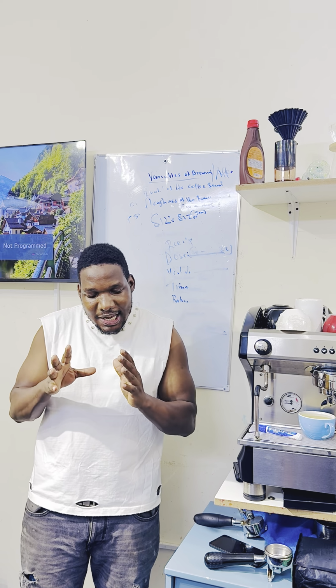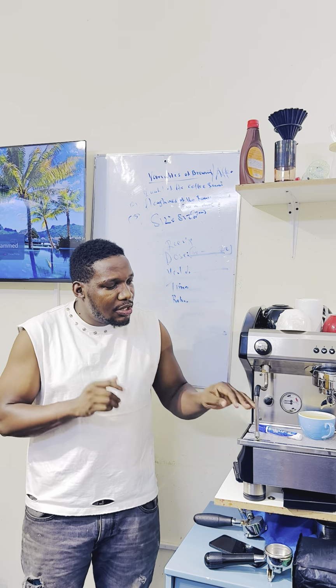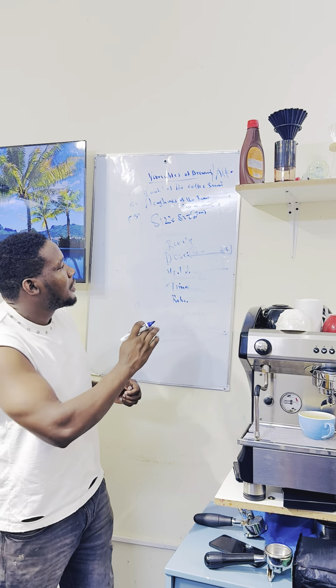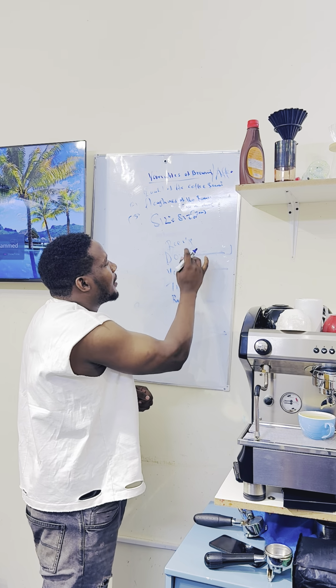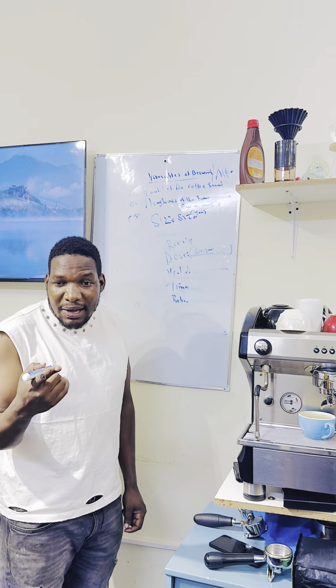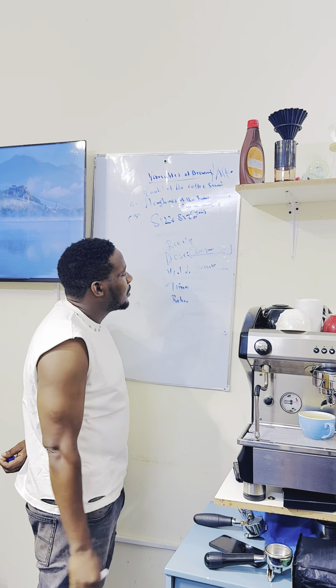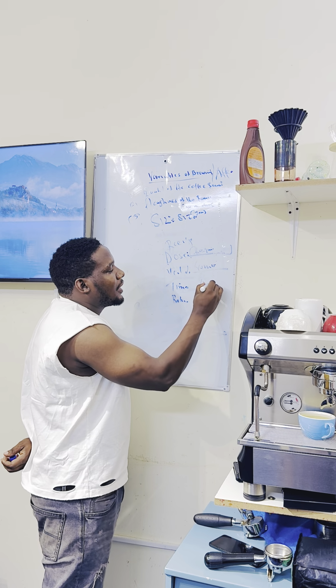That resistance has to happen for about 20 to 30 seconds. So if the grind size is too coarse, this is an example. Let's say 20 grams. If the particles are fine, we shall have 40 ml of espresso in 40 seconds.